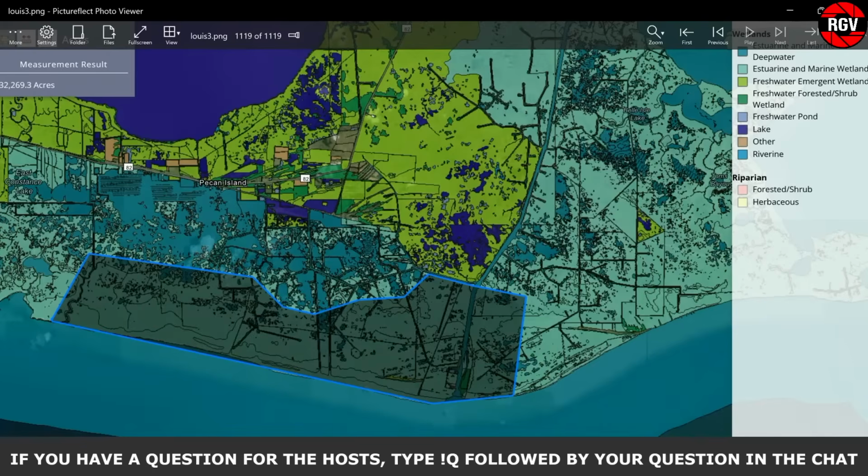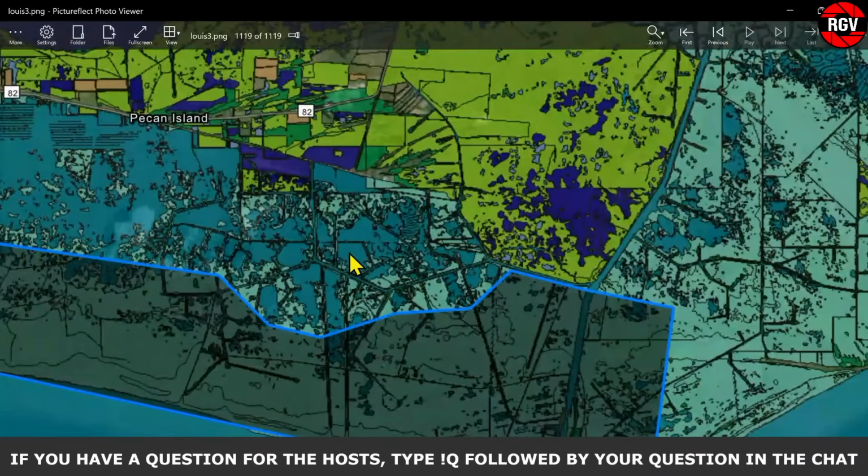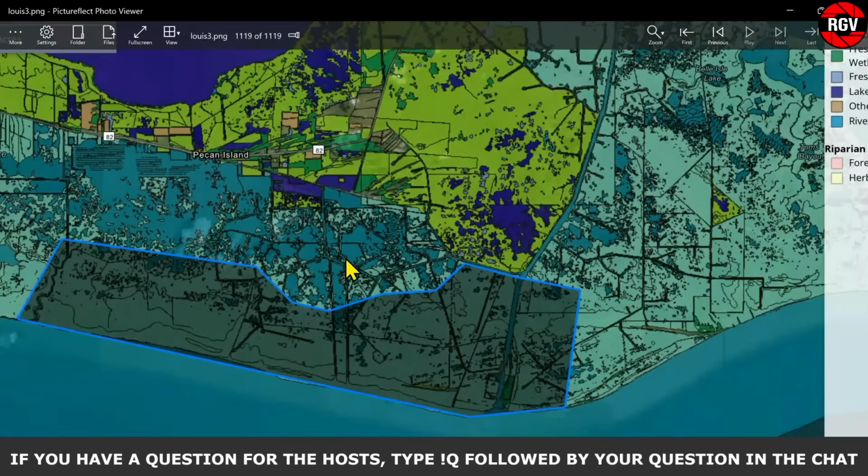And it's also on either side, there's quite a bit of preserves already. So there's not a lot of people living here in this region, so you're not going to have as much local concern about noise and other activities. Now, the main community is here at Pecan Island.